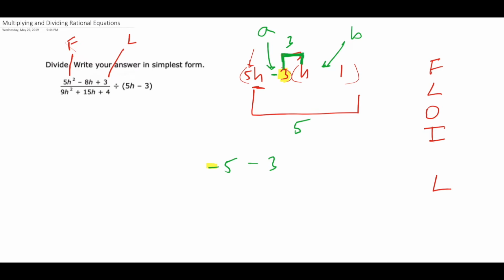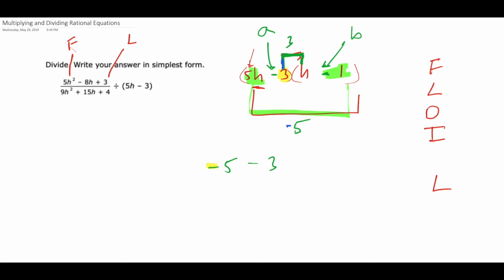What does that give you? Negative 3h. That's not our 5, that's our 3. The location that belongs to 5 is the outside one. So if you put a negative here, you'll do positive 5 times negative 1, which is negative 5. That's how you get your negative 5.